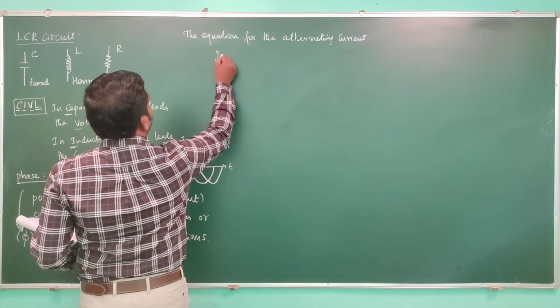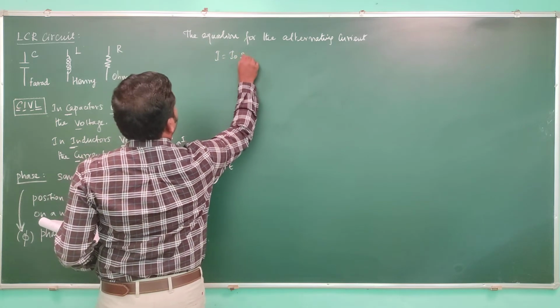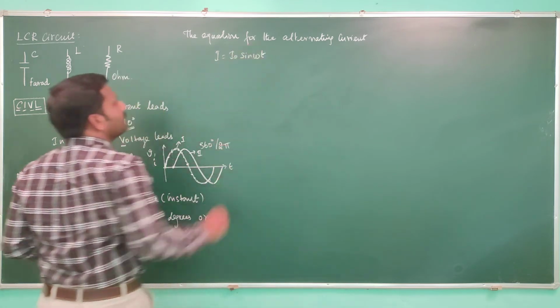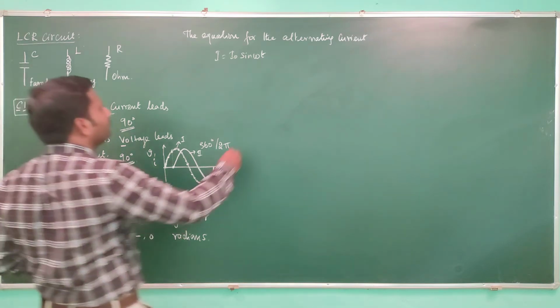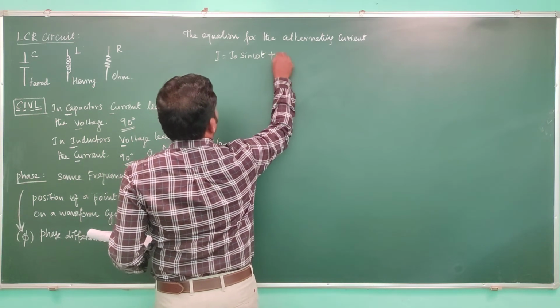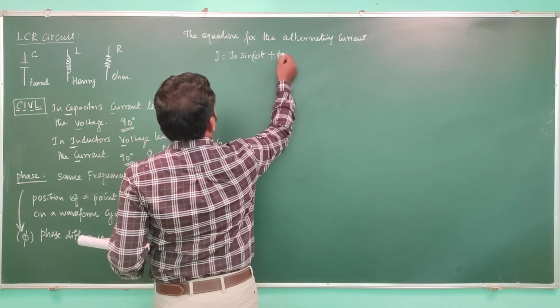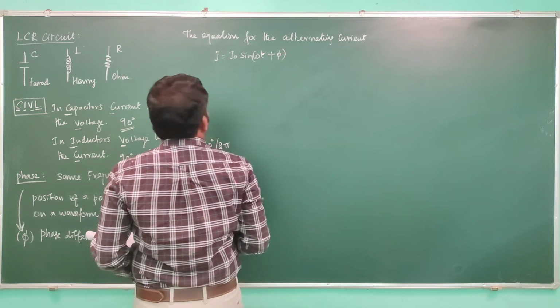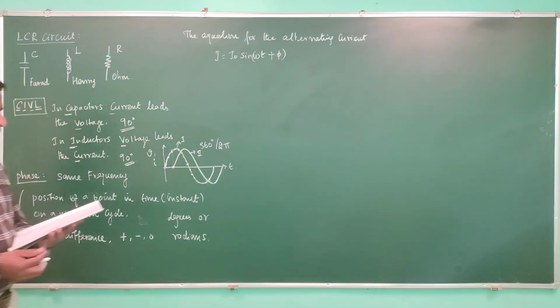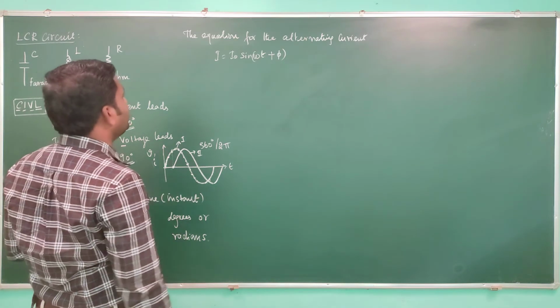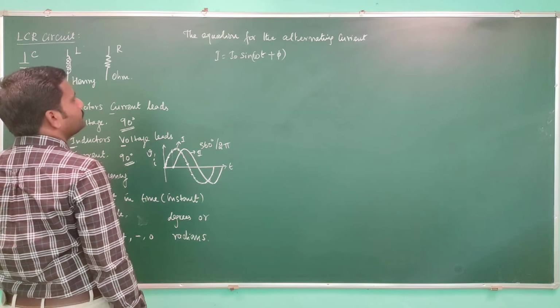So you can write I equal to I naught sin omega t, which is the earlier notation when we were using direct current. For alternating current, we have to use the term phi, where I is the instantaneous current with respect to time.